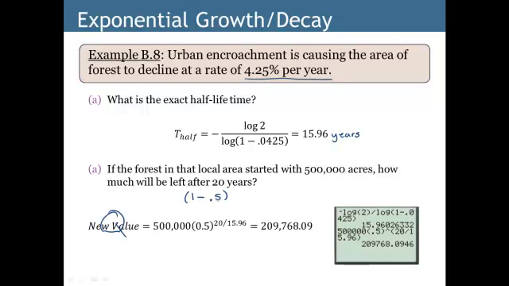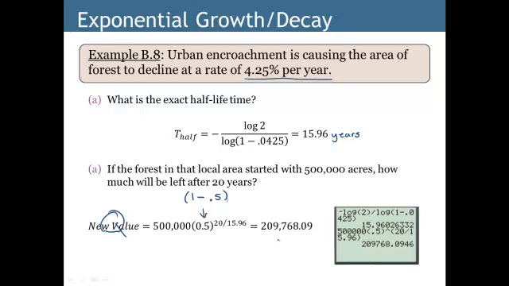So your rate is a 50% cut. So 1 minus 0.5 is 0.5. And then 20 years later, y divided by 15.96. Well, because your 50% decrease happens every 15.96 years. And so if your rate is happening per some time period, your time here must also match that.